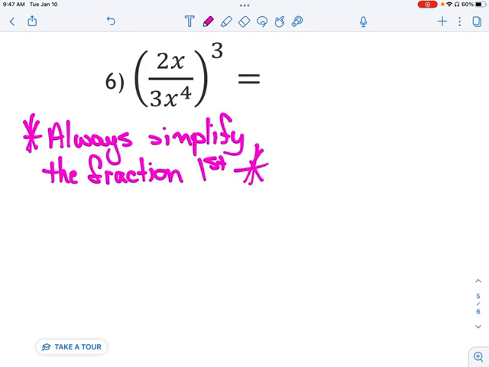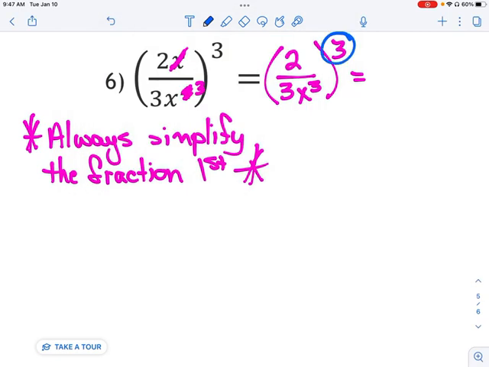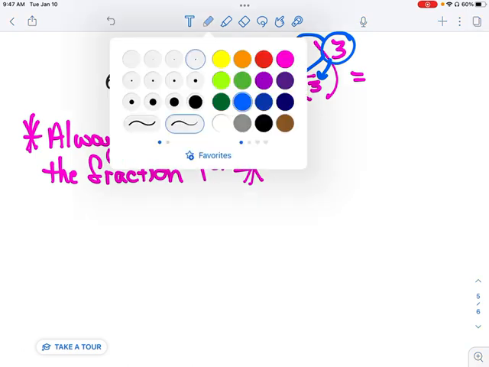So when I look at this problem, I see that I have a 1x in the top, I have 4 in the bottom. So that would turn into 3x to the 3rd. So what I have now is 2 over 3x to the 3rd, and I'm going to cube it. So now I'm going to take this 3, and it goes to each element in that problem.